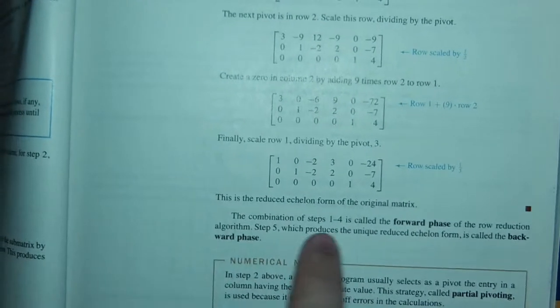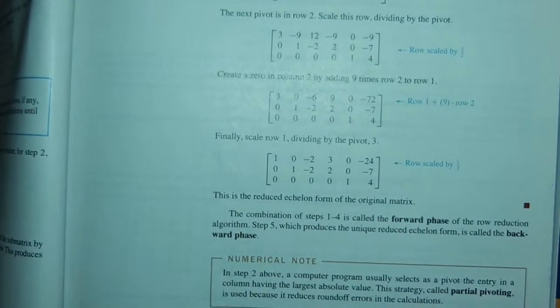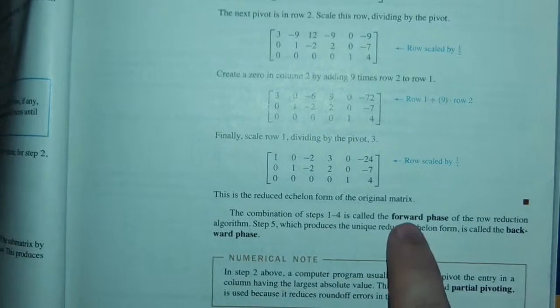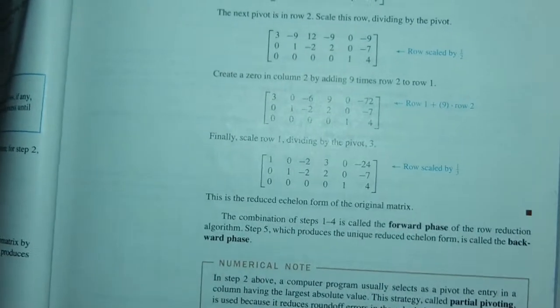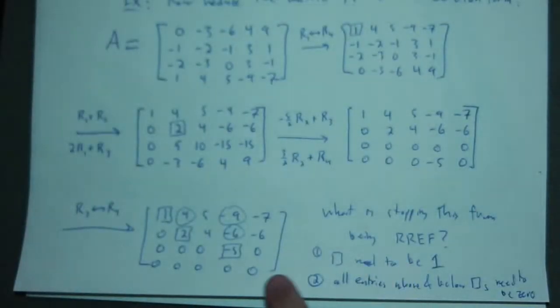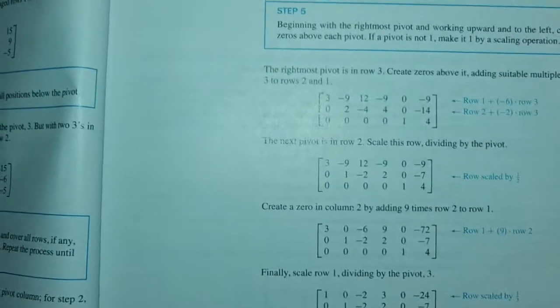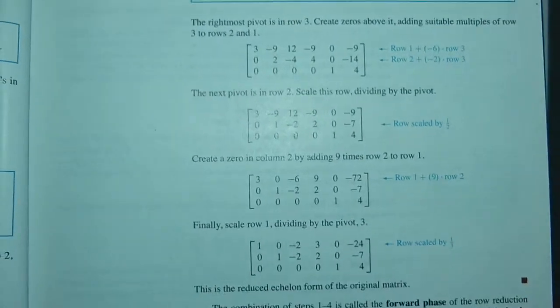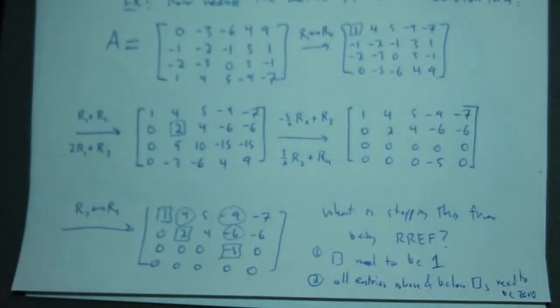So steps 1 through 4 are called the forward phase, and step 5 is the backward phase. So the forward phase is the thing that we did to produce row echelon form. The backwards phase is the thing that gets the reduced row echelon form. So the backwards phase is all that's needed to go from row echelon to reduced row echelon.